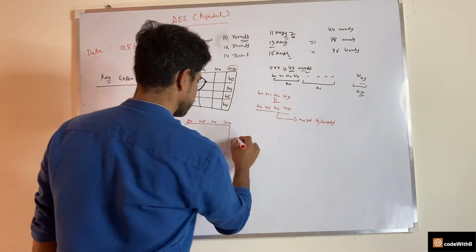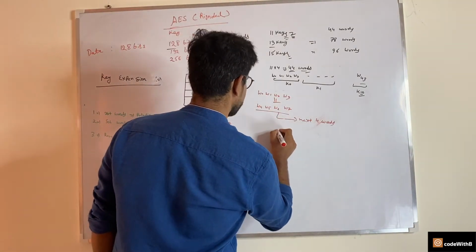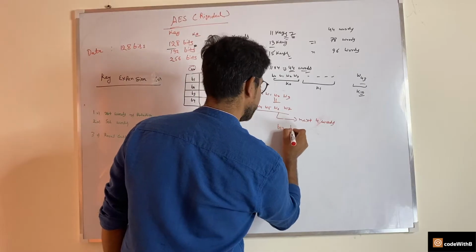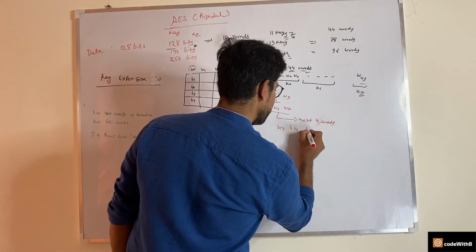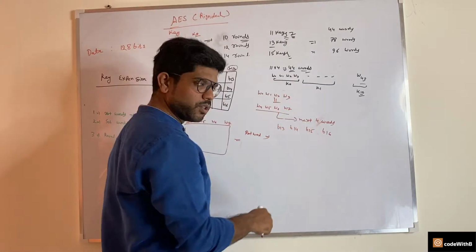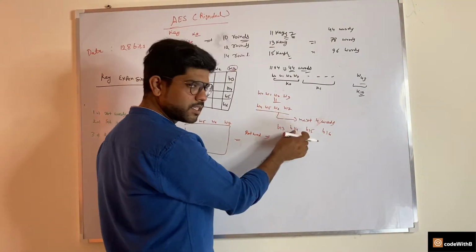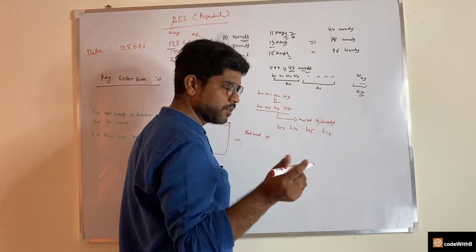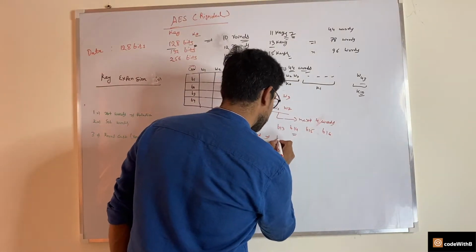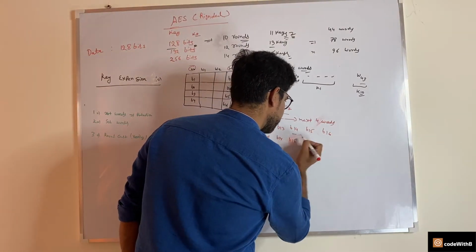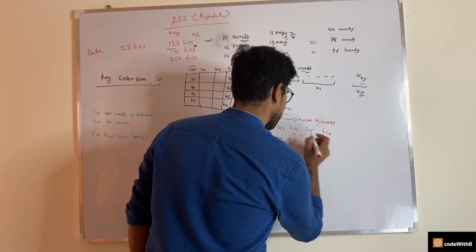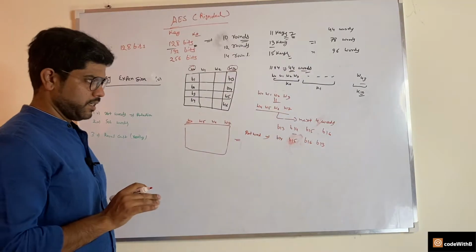In the first step we have W3, which is B13, B14, B15 and B16. In the rot word, what we will do is shift the bytes to the left by 1 byte, okay? That is B14 will come over here, B15, B16 and then B13. So this is rot word.